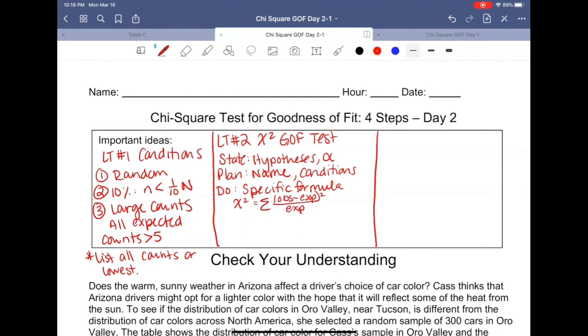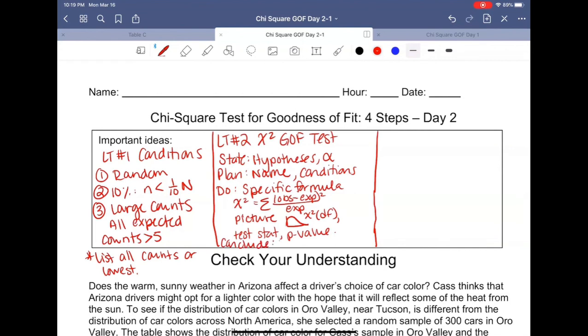So we have our specific formula and then also a picture, which I want to note again is a right skewed chi-squared and degrees of freedom. And then we need our work, which includes our test statistic and a p-value. Finish then, of course, with conclude.